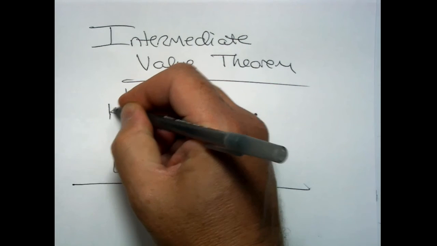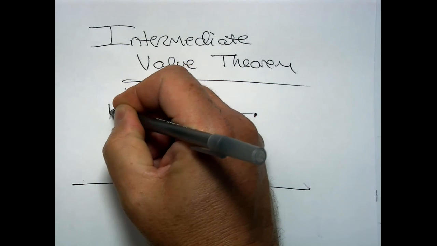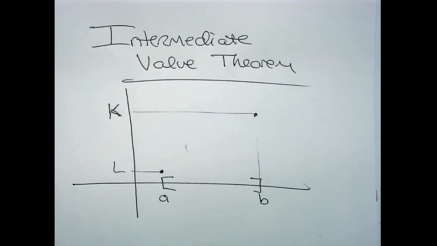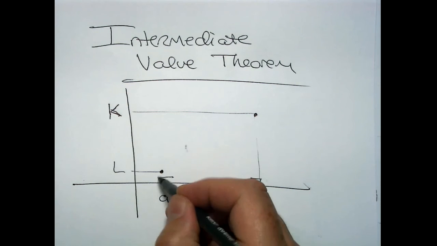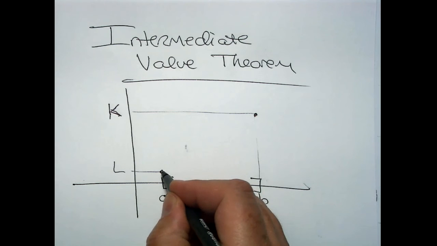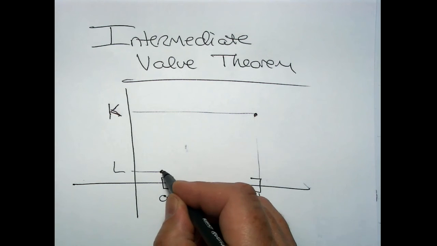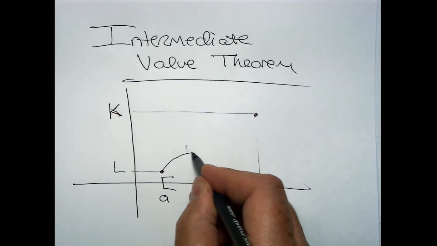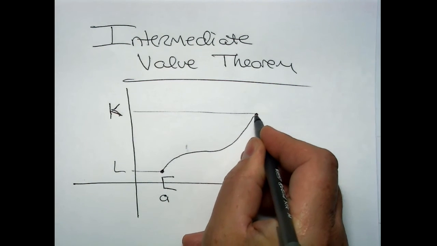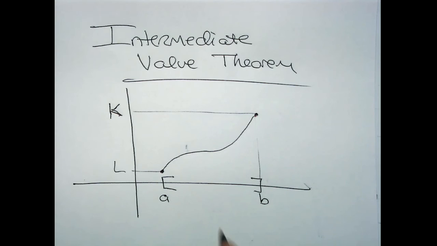Make this capital K. Now, this works only on continuous curves. So let's draw a continuous curve, connect the dots. You can't lift the pen from the paper, and let's make it a function. So it's got to pass the vertical line test as well. And there we go, nice continuous connection.